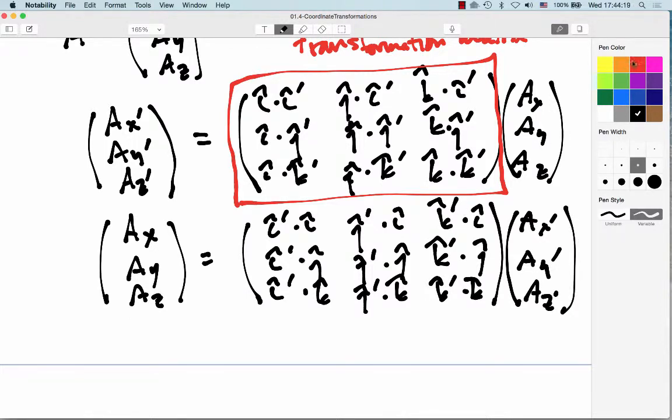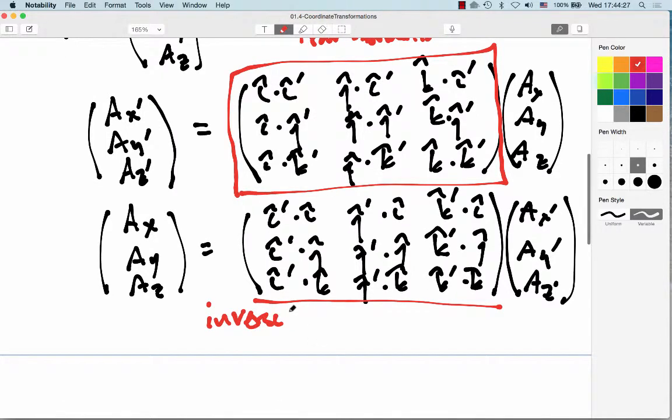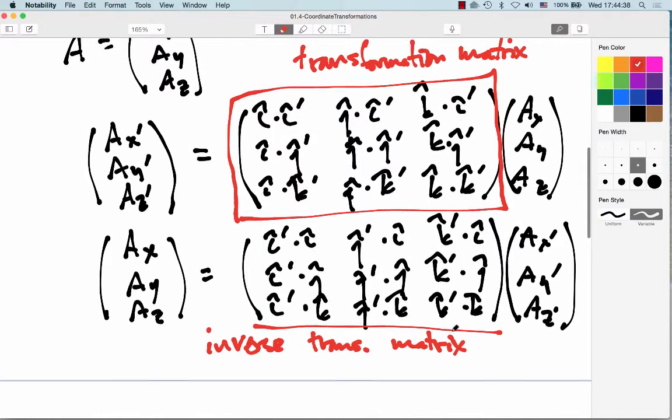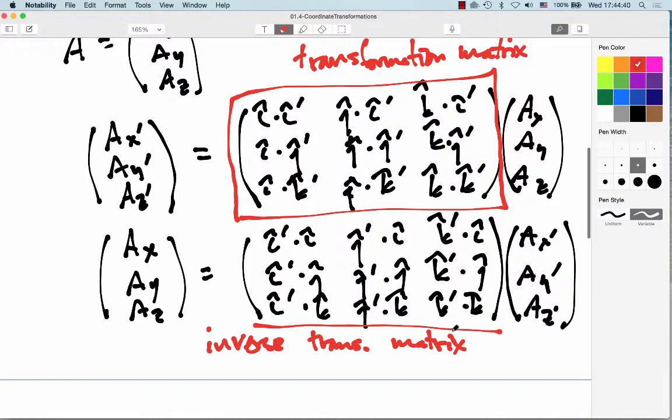Okay, and like you might guess, this gets cleverly called the inverse transformation matrix. Now, some useful things to note here.